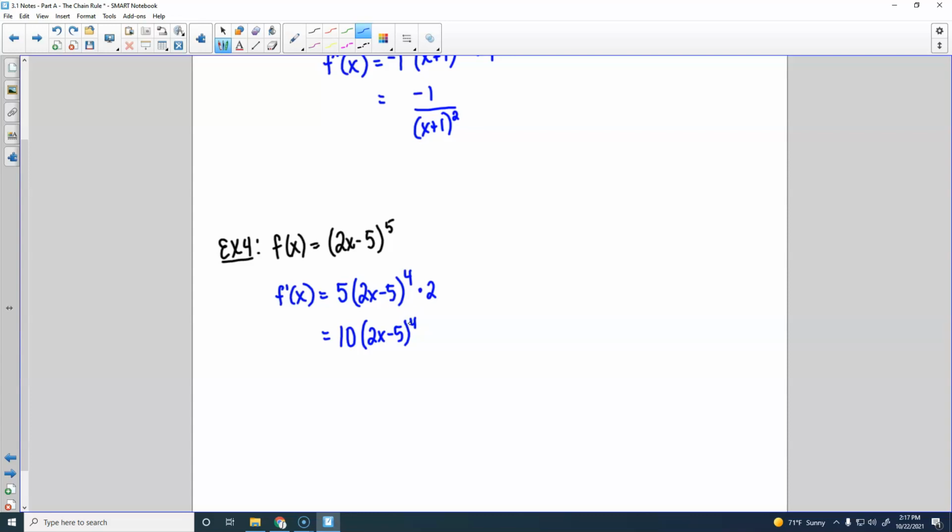Also, your answer choices a lot of times for a problem like this are going to look like this. If you expanded it all the way out and took the derivative, you'd have to factor it back to get it to match this, which would be nearly impossible to do. You'd have to use P's and Q's and synthetic division.